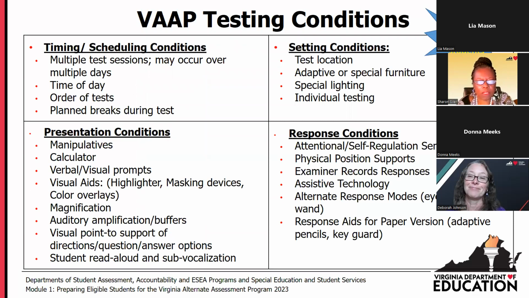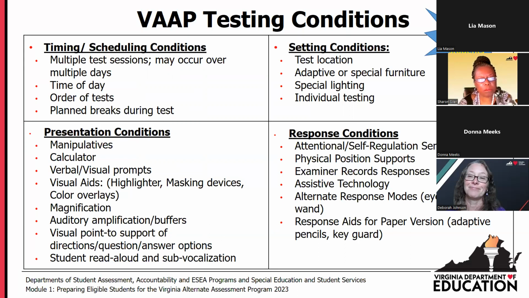So here is the list of testing conditions that are currently available for the VAAP. Now, on this slide, you're only seeing the test conditions listed out. But when you get to the student test plan document, there is additional information on each of these testing conditions. But for now, if you just briefly glance at this list, you will see a variety of supports that can be offered to students.